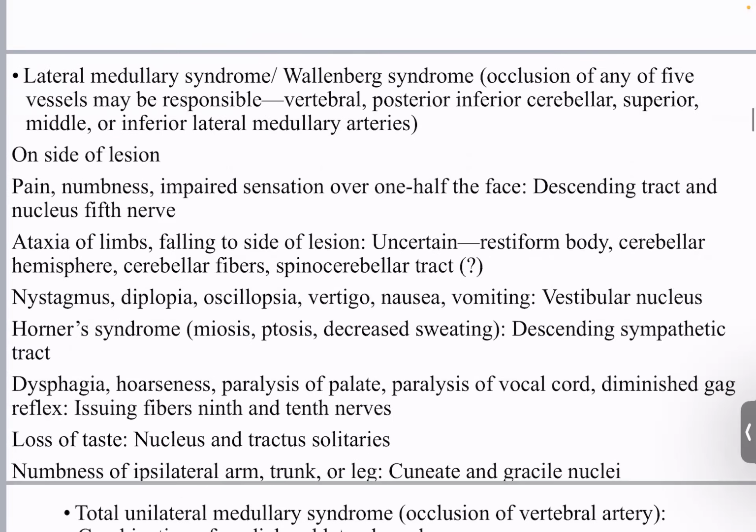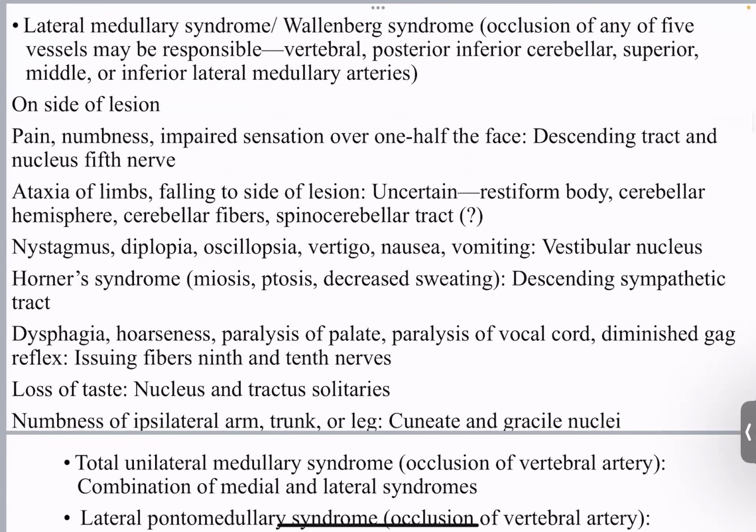Similarly, we have lateral medullary syndrome. Since it is a lateral syndrome, we have spinocerebellar tract involvement, causing impairment in balance on the same side. Then we have spinothalamic tract involvement, causing numbness and impaired thermal sensation on the opposite side, and fifth cranial nerve involvement, causing impaired sensation over one half of the face on the same side.